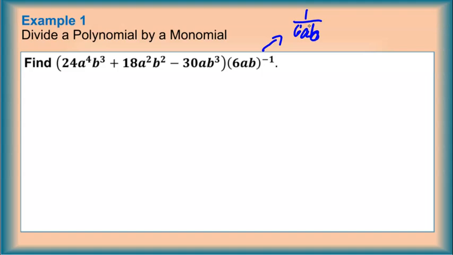So now that we have 1 over 6ab, if I were to multiply that by this polynomial, I'm really dividing by 6ab.